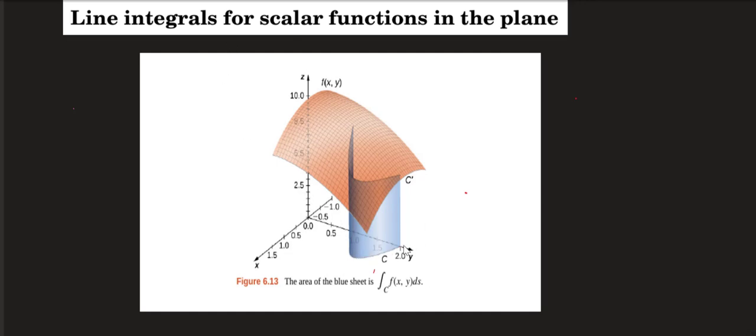If I have this curve C from the initial point A to B, we divide the curve C into equal parts with equal distances. So if we divide it into n parts, for example the two points xi and xi plus 1, from the point xi I draw a line which intersects the function f, and for xi plus 1 also, parallel to the y-axis.